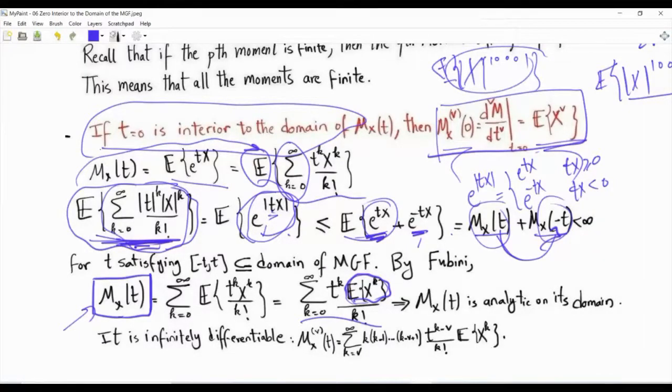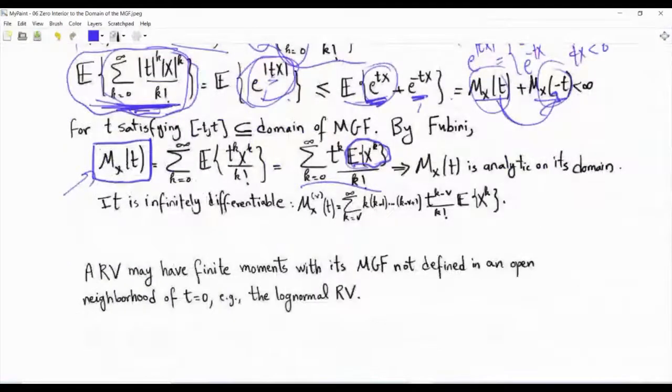And again, I need to emphasize that what I proved does not go in both directions. For example, you can have a random variable like the log normal random variable, and 0 is not interior to the domain of the moment generating function of a log normal random variable.